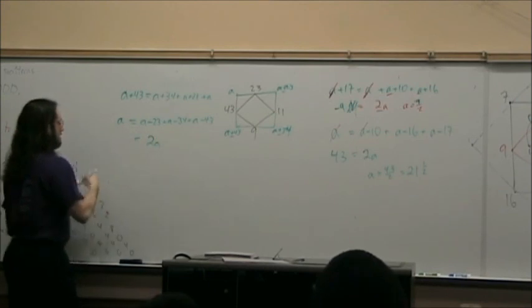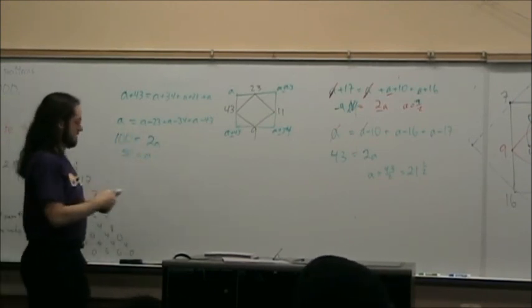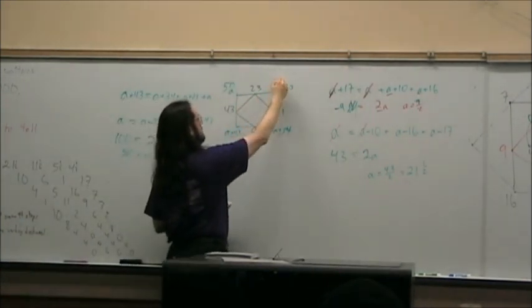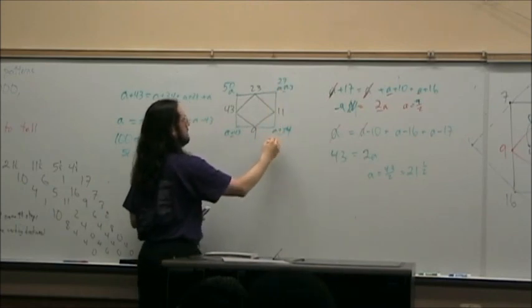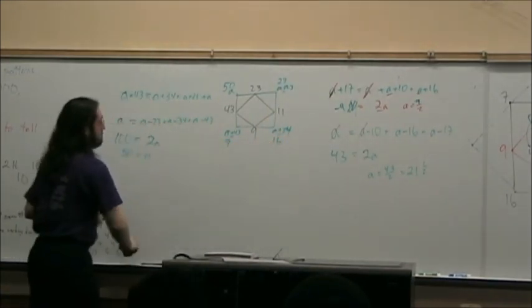Yeah, it's 100. Oh, nice. A is 50. Okay. So it looks like things are going really smoothly here. We got 50 minus 23 is 27, 16, 7. Looks good to me.